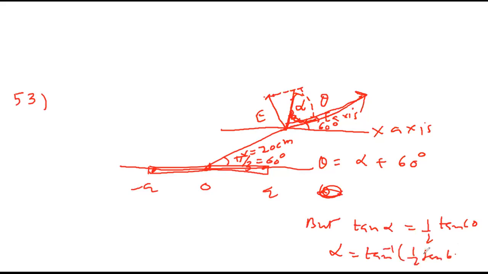So now the angle theta is alpha, which is tan inverse of root 3 by 2, plus 60 degrees, pi by 3. Check the options. Option B seems correct to me. Is it correct? Yes, sir.